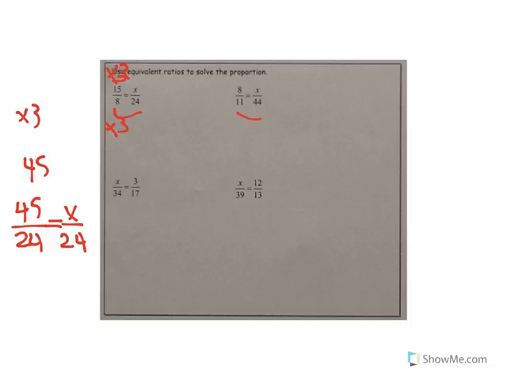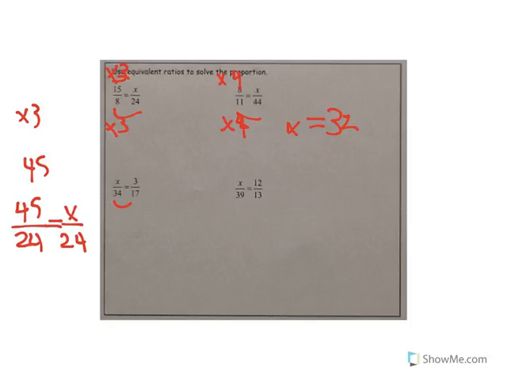Same thing here, I'm going to multiply both by 4. And then I end up with x equal to 32, because I multiply the bottom by 4, and I have to multiply the top by 4. The reason I chose to multiply by 4 is because that's how I can change 11 to 44. Now this next problem is very similar.